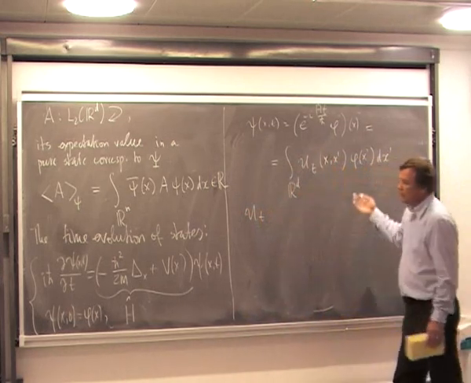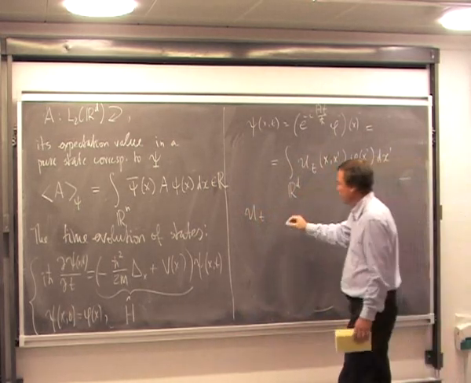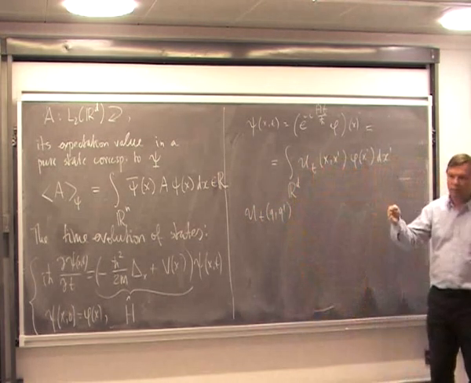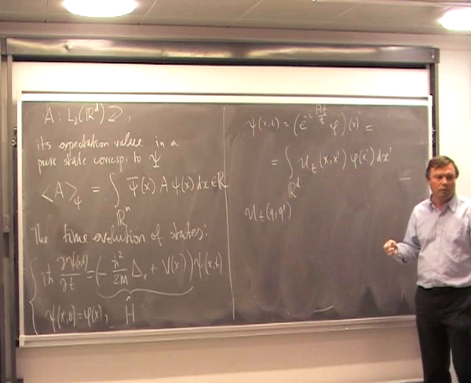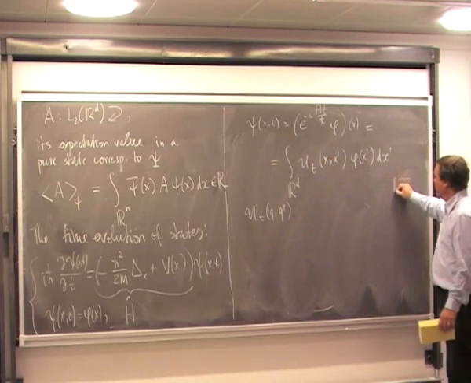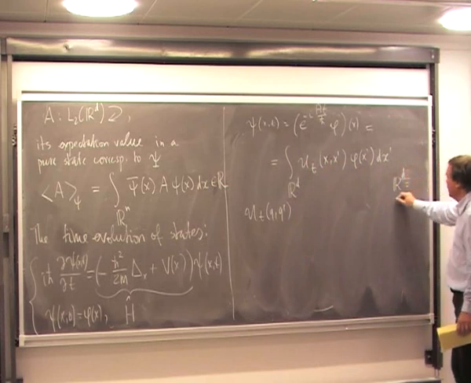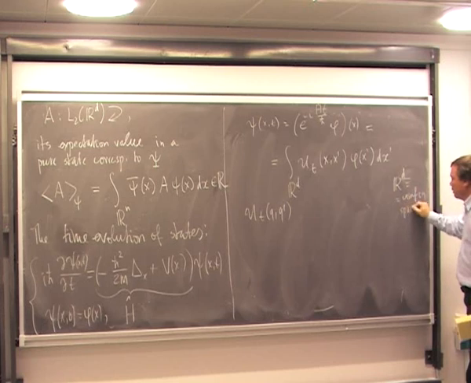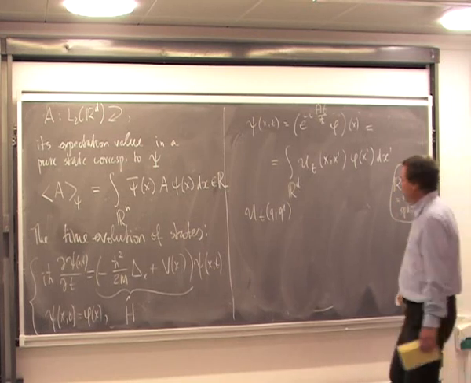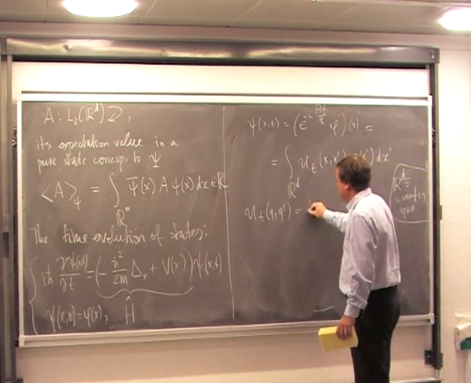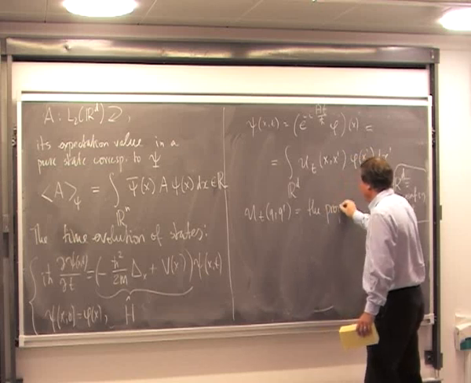And I will switch from x to q, U_t(q, q'), just to make it parallel to the discussion of classical mechanics. This R^d is exactly the configuration space that we had in Lagrangian classical mechanics. So this is the propagator.